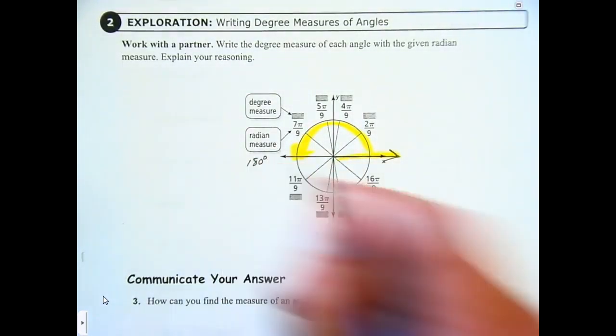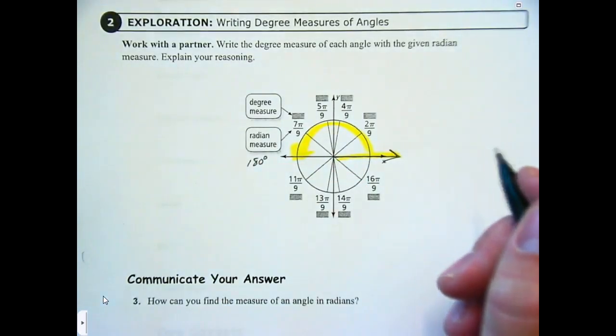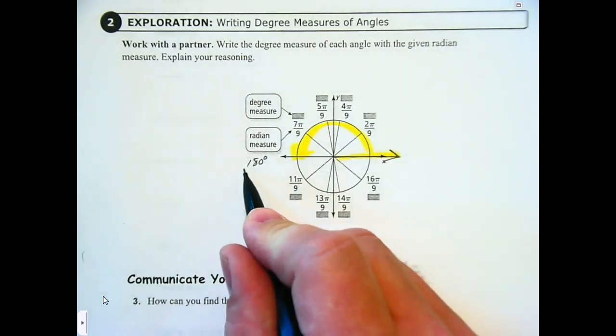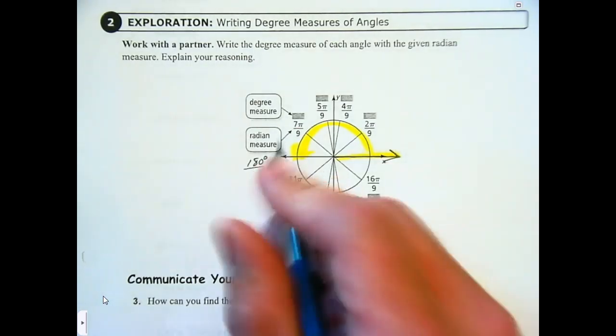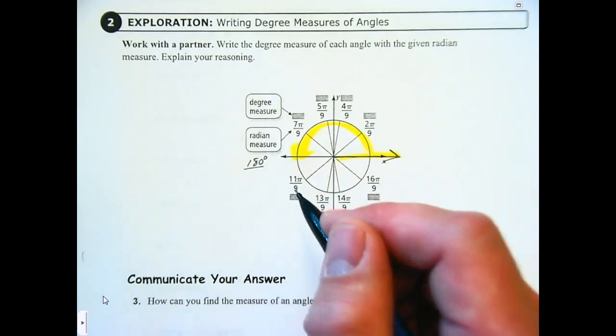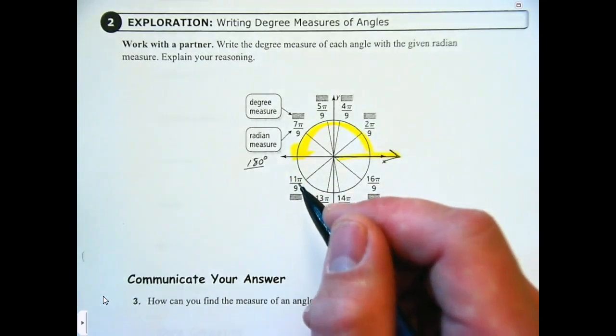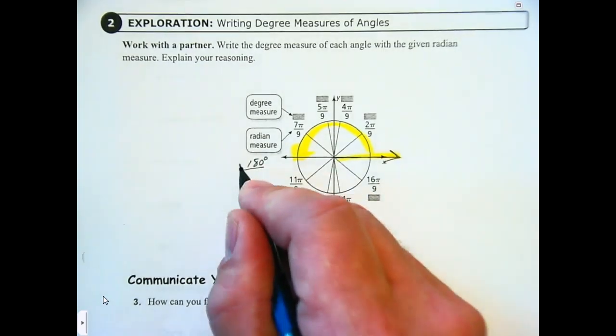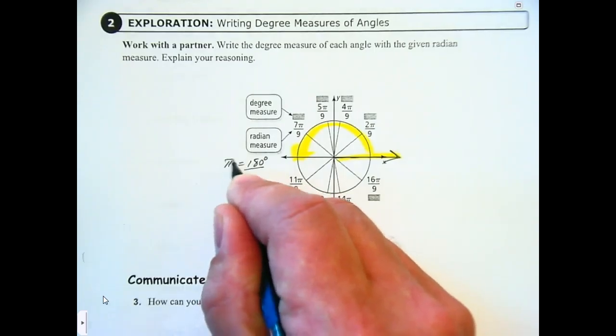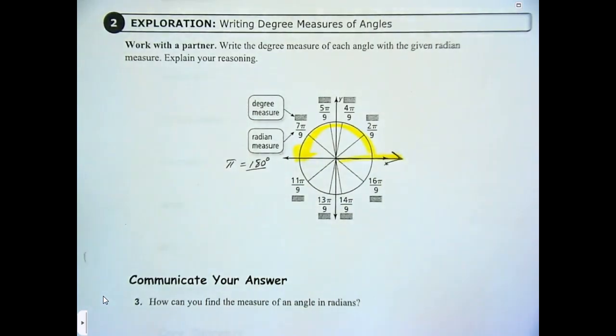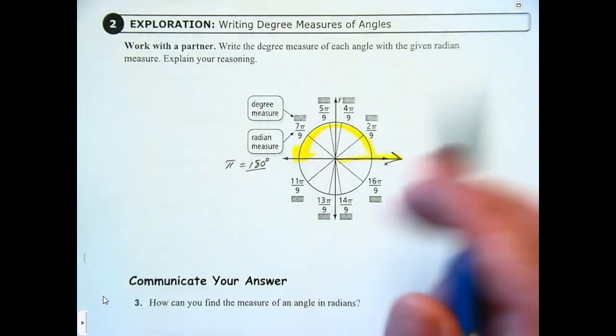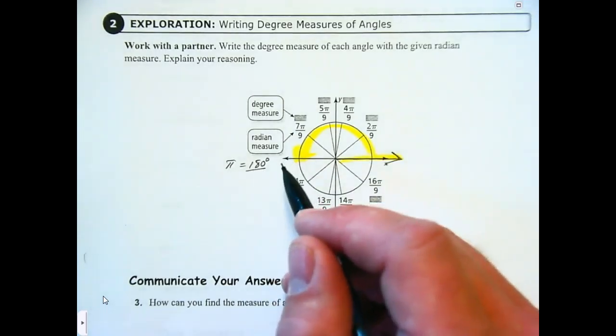And in those 180 degrees, how many radians did I travel? I have not traveled 1 radian, no. I have traveled 1 pi. Pi is equal to 180, right? Good thinking. Okay, so we have 180 degrees is equal to pi.